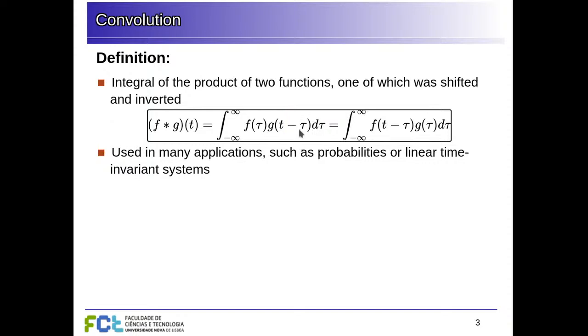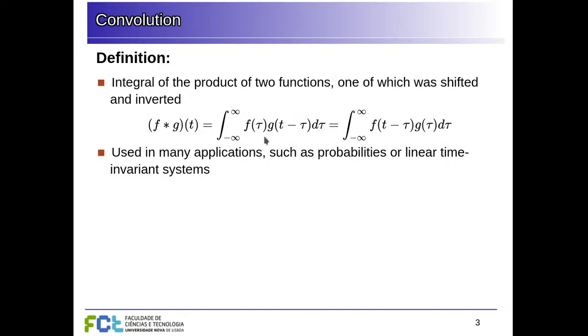Like we are inverting the direction of the input for that function. This is commutative, so it's the same if we multiply f of tau times g of t minus tau and integrate for all tau, or if we do it the other way around, changing f and g in places.